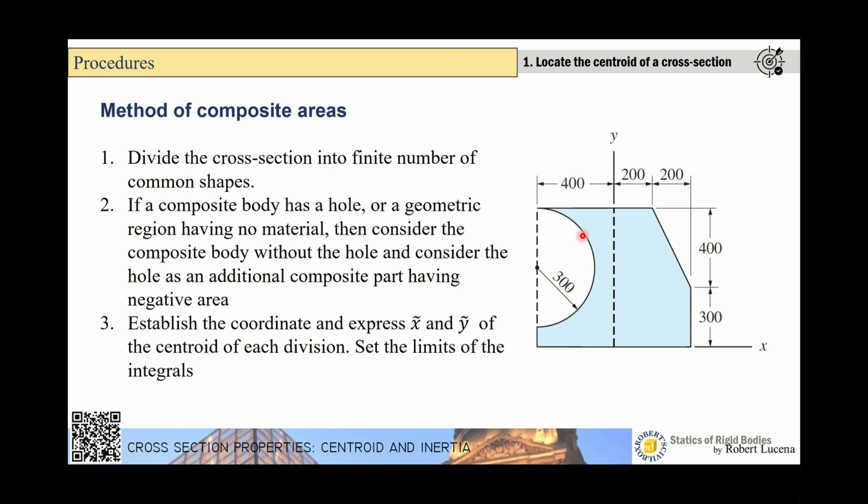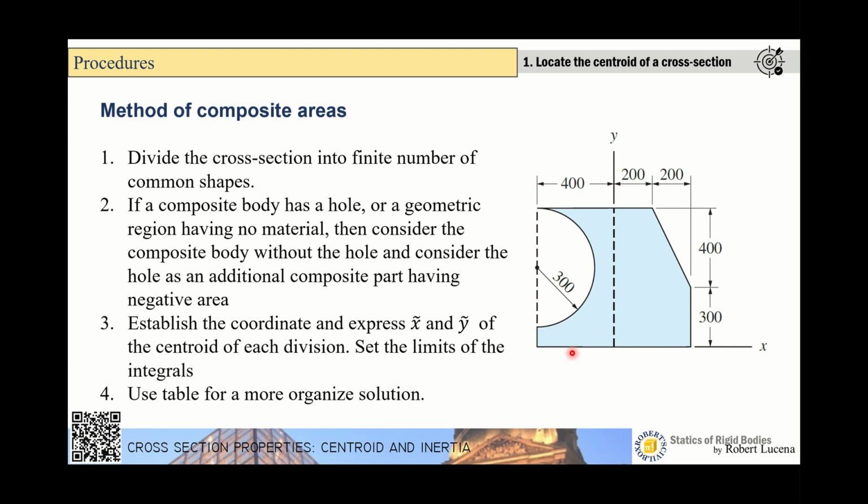So we have to establish the coordinates expressed as x curl and y curl. In this case, y is measured from here and x is measured from here. But I still recommend you establish the y-axis on the leftmost side of your cross section, and the x-axis on the bottommost part, so that everything will be measured from the leftmost side and from the bottom.